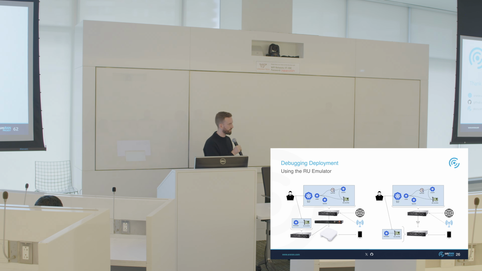What can you do with the RU emulator as of now? What it does basically is it receives traffic and sends back random IQ samples, just to simulate an RU which has some UEs connected, but nothing real.